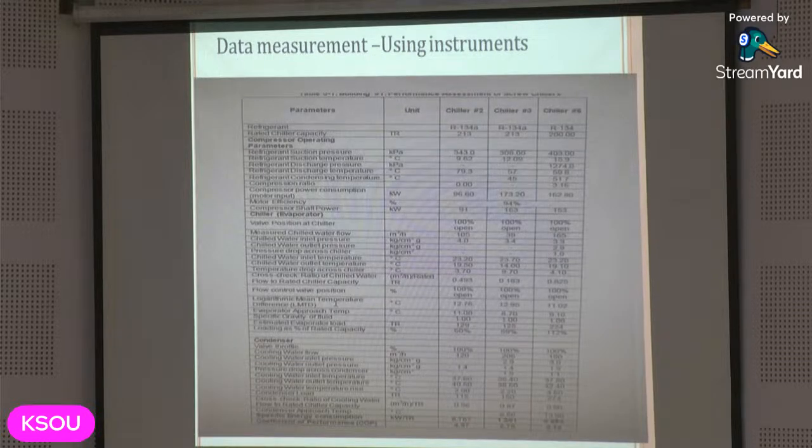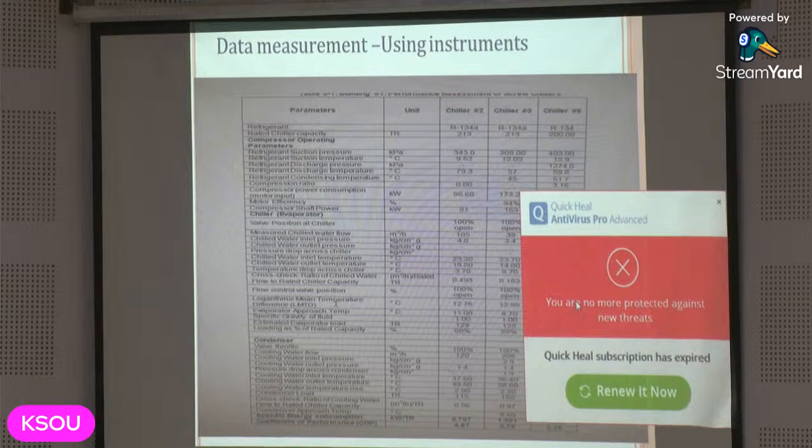Again, this is one more example of one more equipment. What data has to be measured? What readings have to be collected? These are chillers used for maintaining the temperature, AC and all. For each and every equipment, for example, in our industry we have 60 AHUs, as I have told, and 20 chillers. For each chiller, we have to collect this much data.